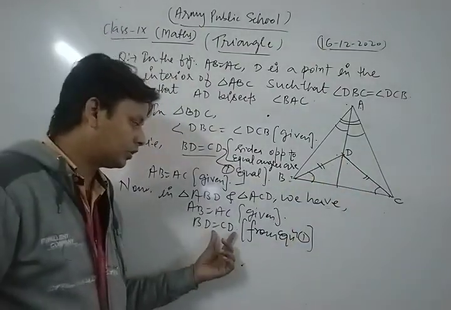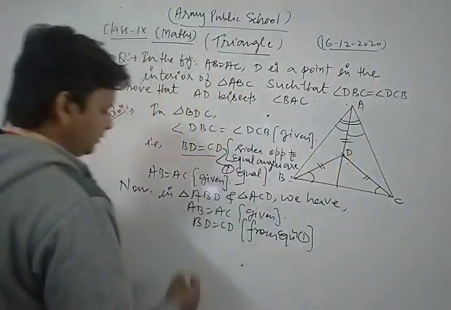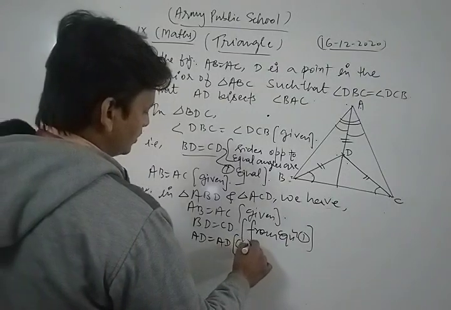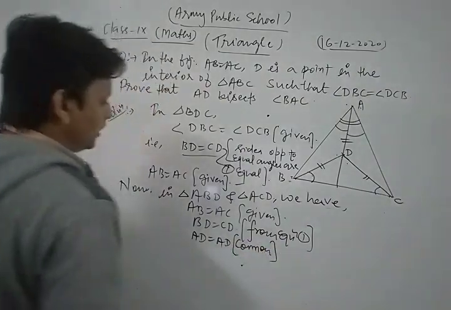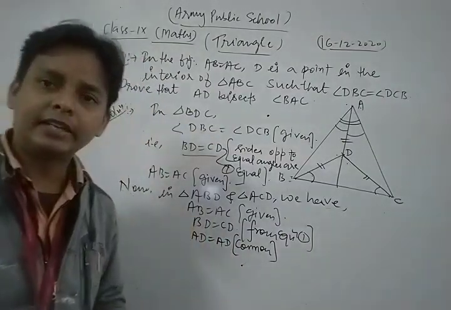Now in those triangles, dear student, the side AD is common, that means AD is equal to AD. This is a common side in both the triangles.